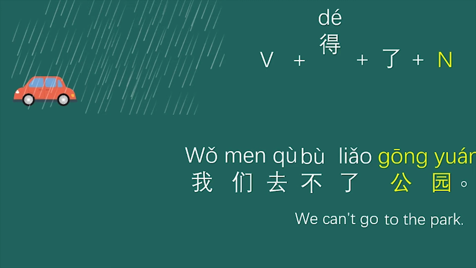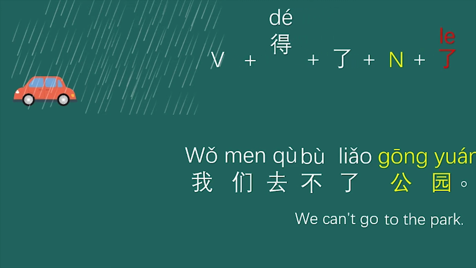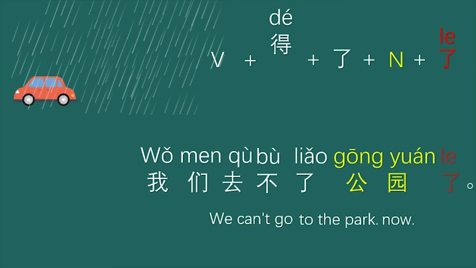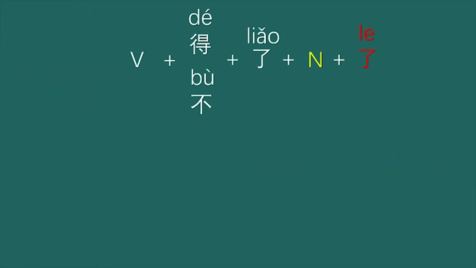So the situation changed. We need to put a sentence le at the end of the sentence. We can't go to the park now. 我们去不了公园了。Okay, this is the situation where we put le and liao in the same sentence.